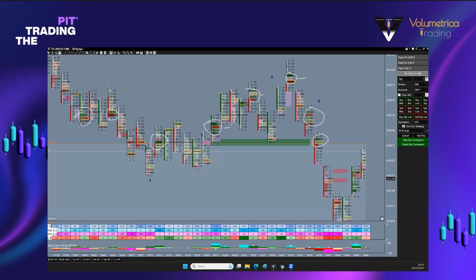That's also the reason why there tend to be no imbalances there, because buyers and sellers tend to be more balanced with each other and more volume is involved.